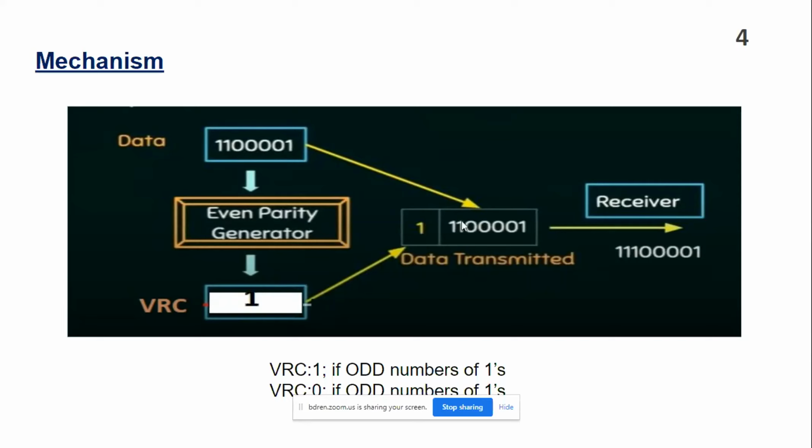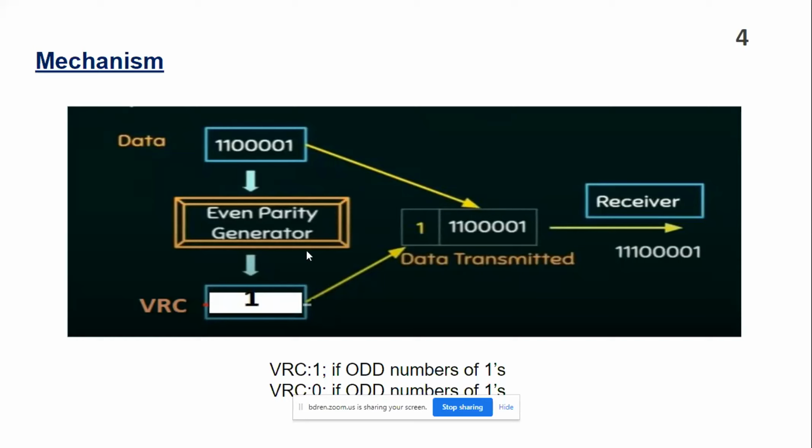If there's no error during transmission, the receiver receives the data 1110001. What the receiver does is check the number of 1s in the received message. If there is an even number of 1s, the receiver understands there is no transmission error.